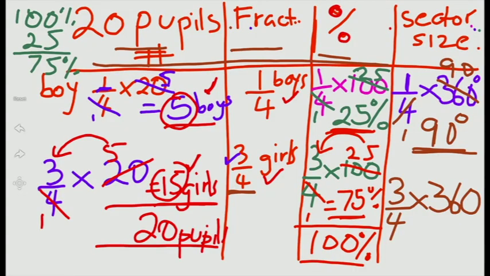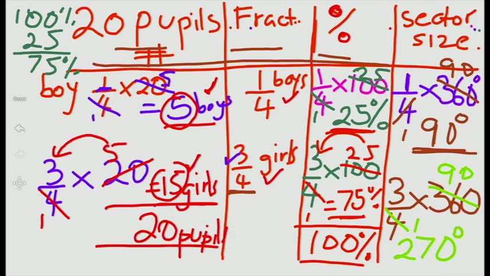Multiplied by 360. 3/4 multiplied by 360, we need to divide the 360 by the 4. How many 4s here? 1. How many 4s in 360? There are 90. 90 times 3, that is 270.